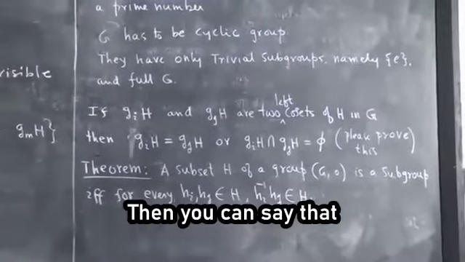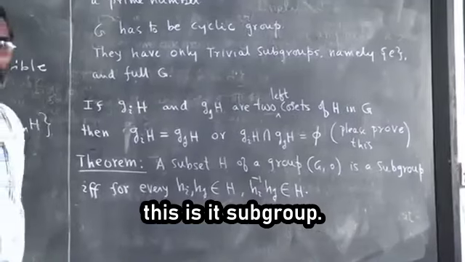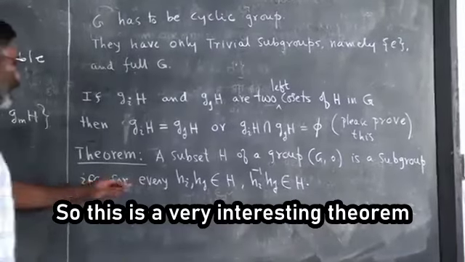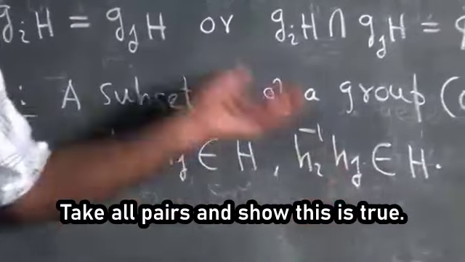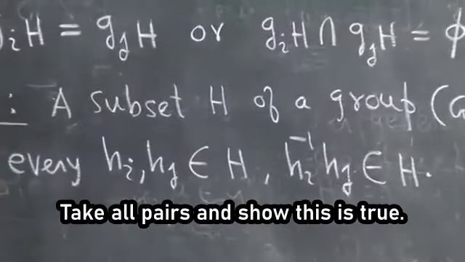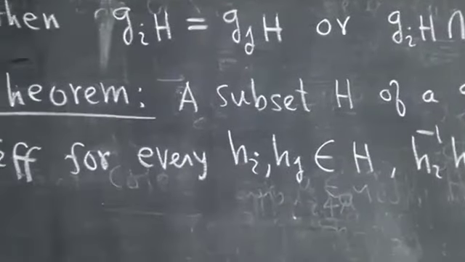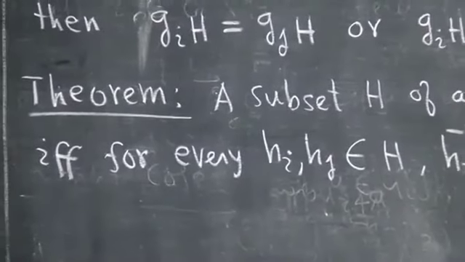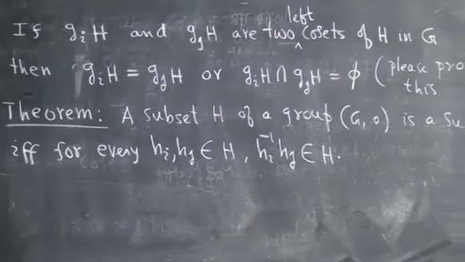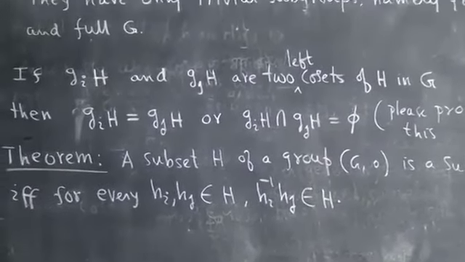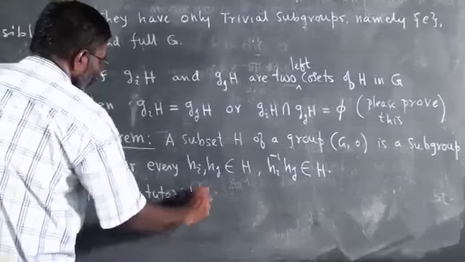Then you can say that this is a subgroup. So, this is a very interesting theorem. Take all pairs and show this is true, and you don't have to check all 4 axioms. Okay? The proof of this you can also try, otherwise we can do it in the tutorials. Okay, so the proof.